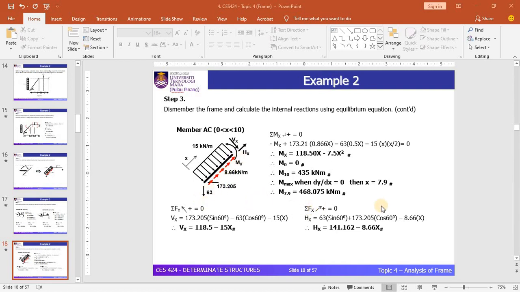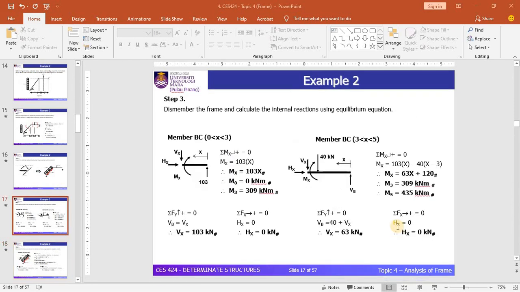Simplifying this, the equation of the axial force for this member is equal to 141.162 minus 8.66x. So we have obtained all the equations of moment, shear force, and axial force for every section.